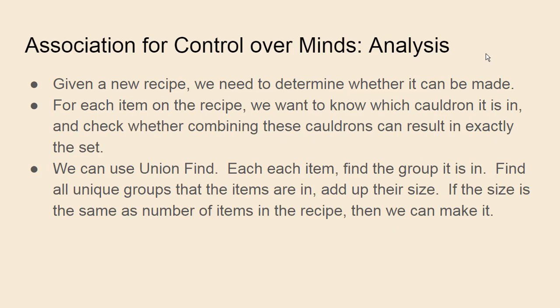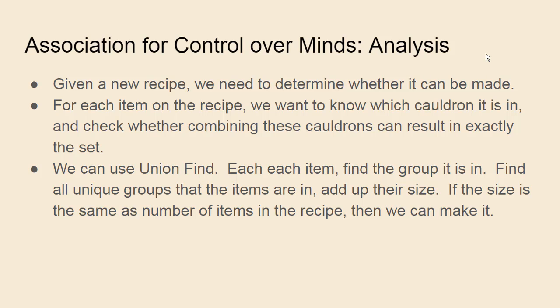Okay, so how do we solve this problem? We need to determine whether a recipe can be made or not. From the items on the recipe, we want to know where those items are, right? We want to know which cauldron they have already been put in, and what the other items are that are mixed together.